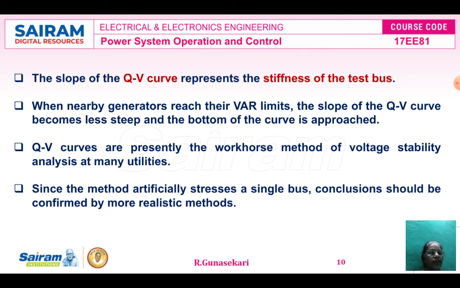Analysis means when the voltage is stable, when the voltage is unstable, when the system is stable, when the system is unstable, and based on the real power value, what the values of Q and V are, what the reactive power margin is, what the intersection point is, and based on the slope of the curve, positive or negative, what the system stability is. Everything comes under analysis of voltage stability, which we understood by using the QV curves and PV curves.